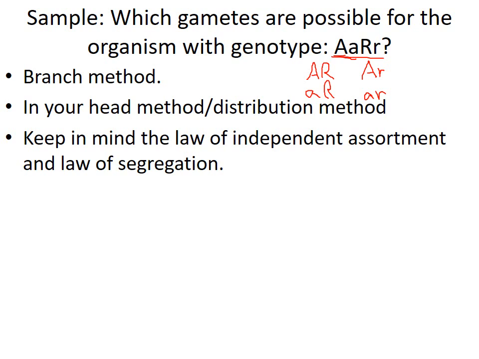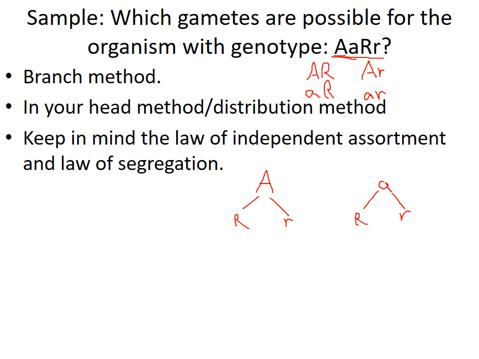If you want to do the tree method, there's a few different ways that you can do that. So you can have a branching method to show what your gametes need to be paired with. So I usually have my big A and my little a, I separate them, and then I show my big A could be with my big R or with my little r. My little a could be with my big R or with my little r.